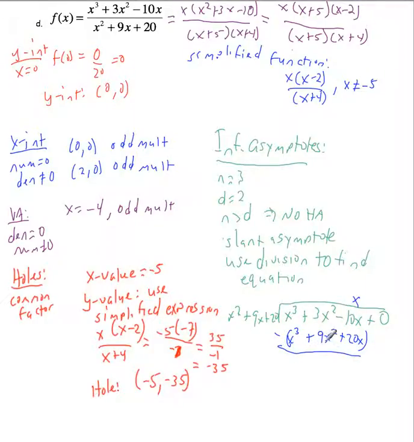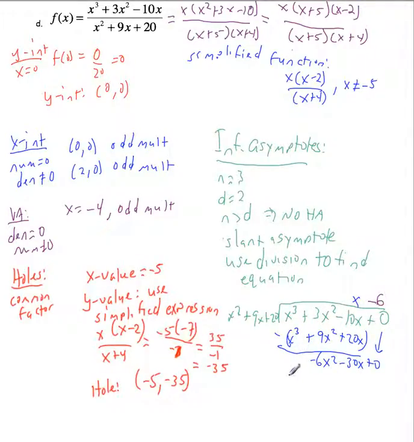When we subtract, we get negative 6x squared. Negative 10x minus 20x is negative 30x. Then we bring down the 0. How many times does x squared go into negative 6x squared? That goes in negative 6 times.